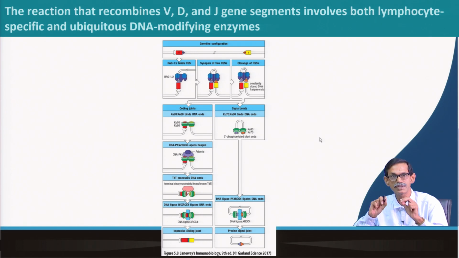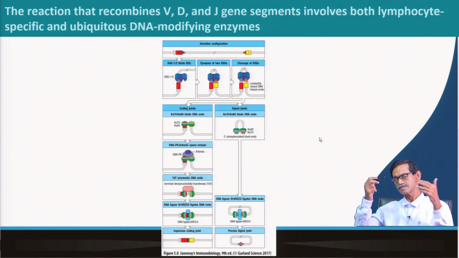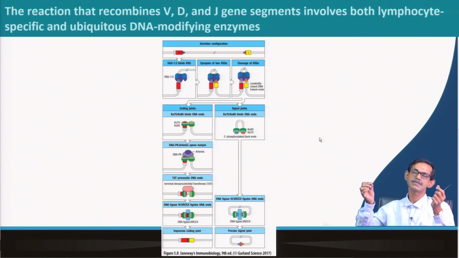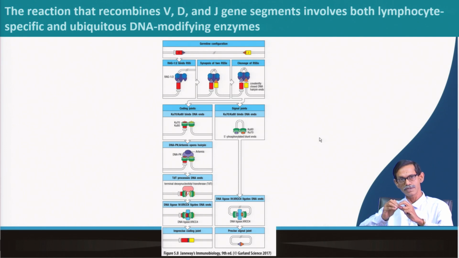But some proteins are ubiquitous DNA modifying enzymes, because there are various kinds of DNA repair systems present in our cells, which help save us from mutations and any kind of deletion or alteration in our chromosomes. These proteins are also involved; some are common and present everywhere.